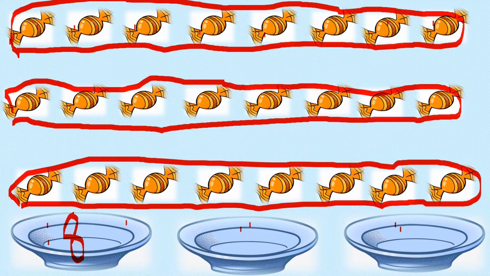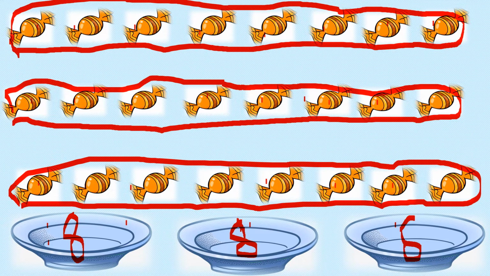Let's count this next group. 1, 2, 3, 4, 5, 6, 7, 8. So this whole row here, the second row, would go into this bowl. 8. And the last row, 1, 2, 3, 4, 5, 6, 7, 8. That last row would go into this bowl.